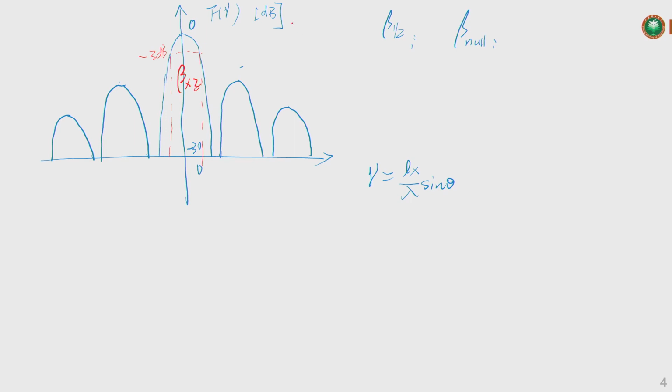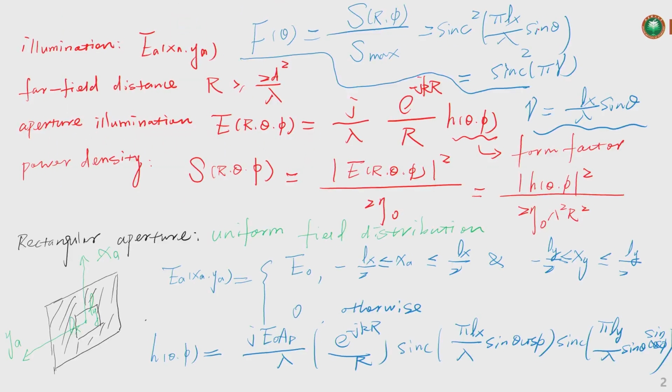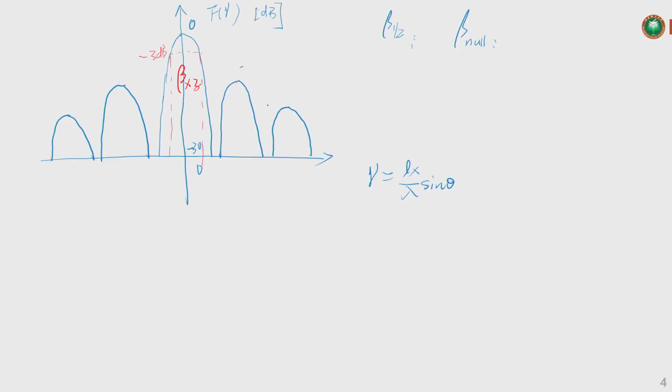also the 0. And for such a function, we get this, the height of the first order side lobe is minus 13.2 dB.